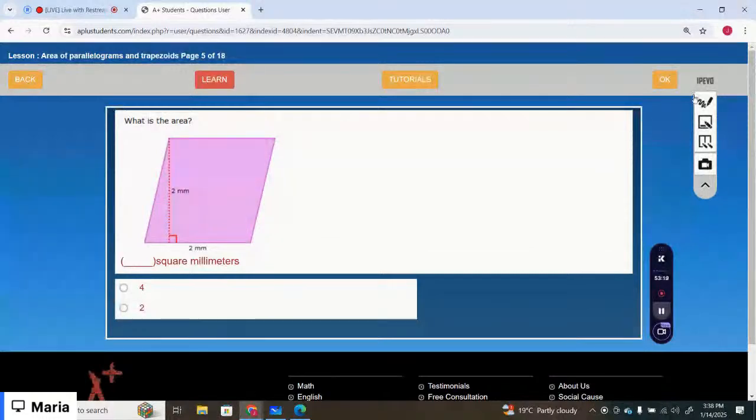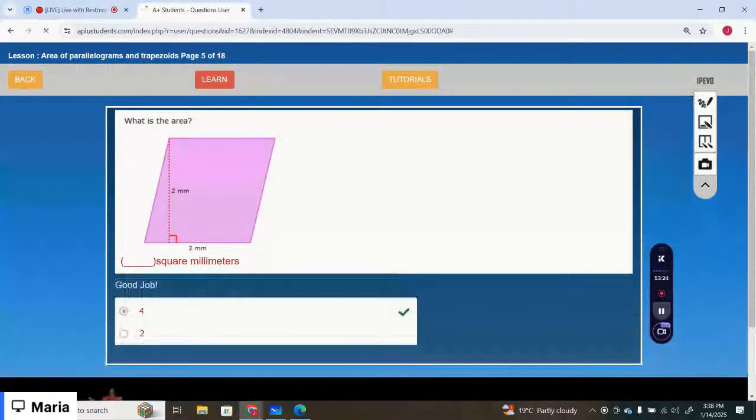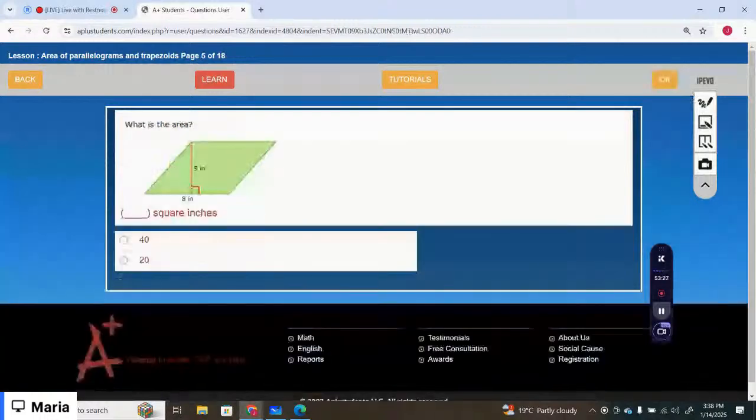That is 2 times 2 equals 4. Option number 1 is the correct option. What is the area?